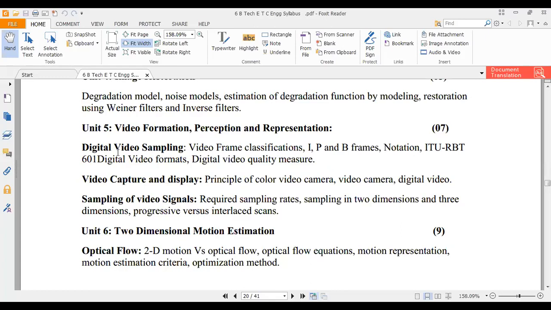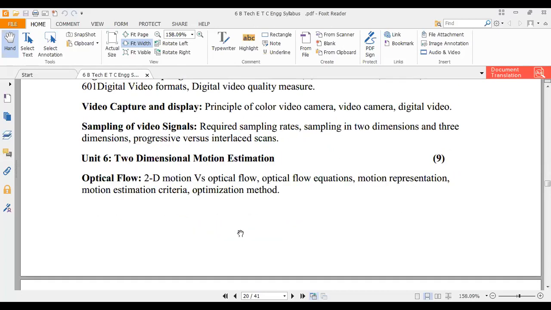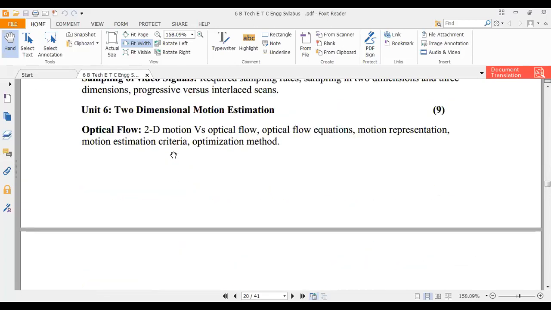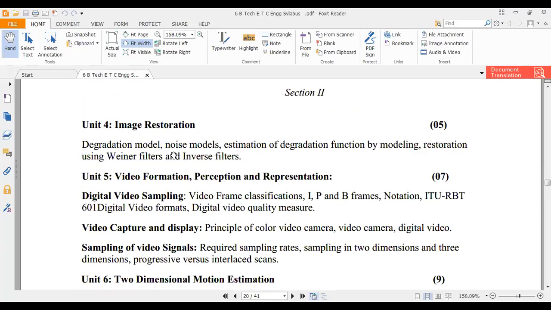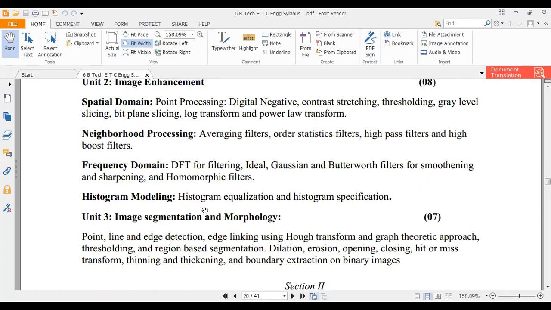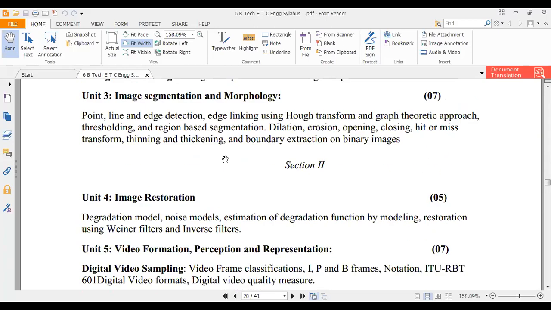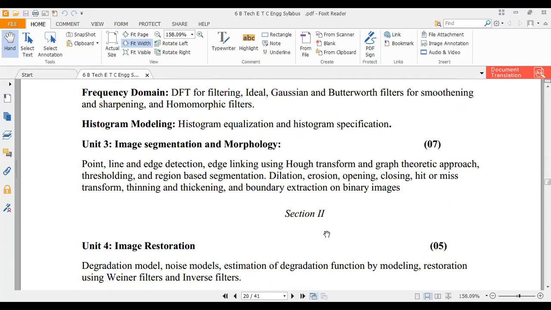In that we are going to see three points: digital video sampling, video capture and display, and sampling of the video signal. At last we have two-dimensional motion estimation, where optical flow and its methods will be covered. So this is how the fifth and sixth chapters will be. We will be taking a revision of the third and fourth again, so that you stay in touch with that. So these were the points for today's lecture.